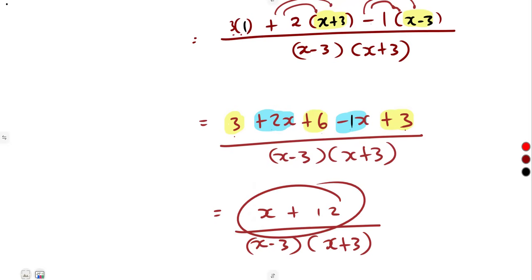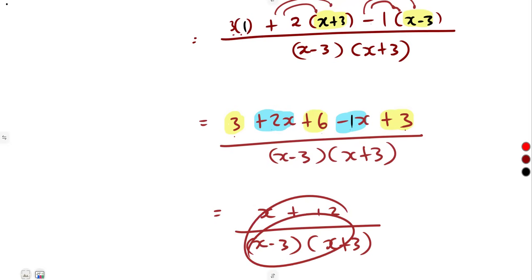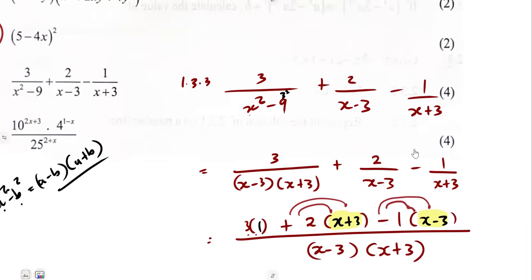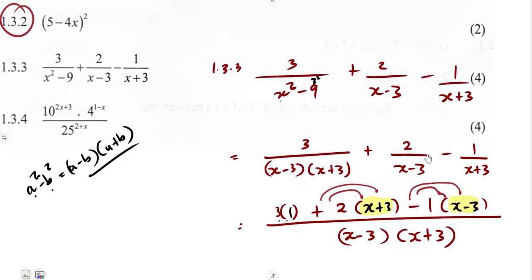As we can see, the numerator cannot be factorized, and we do not have anything common between the numerator and the denominator. So simply, you are going to leave your answer like this. So this is it, just like that for 4 marks, all right?